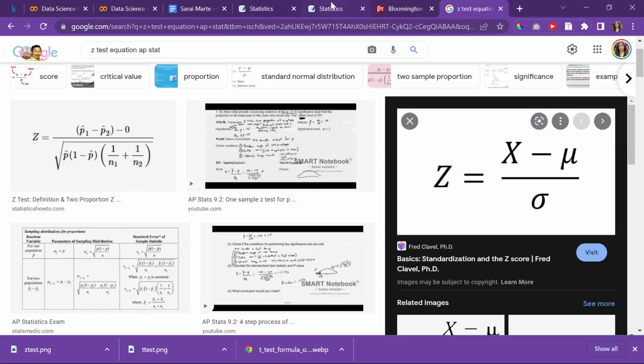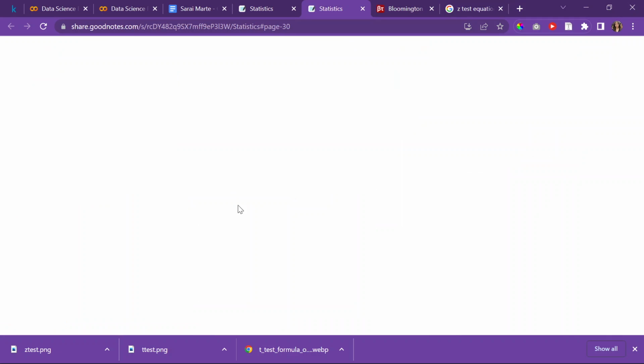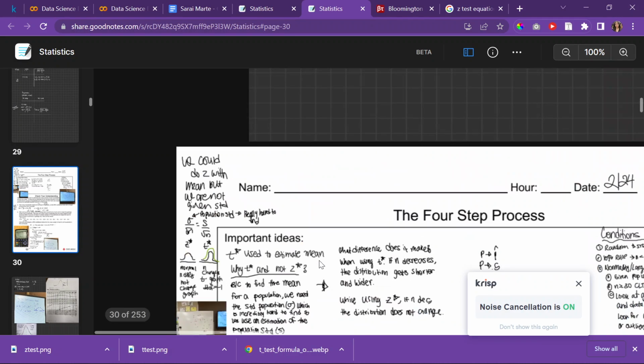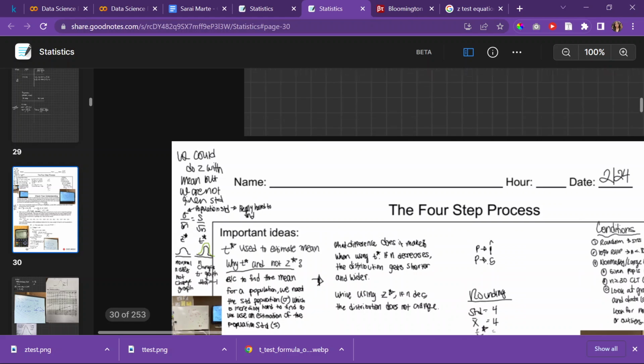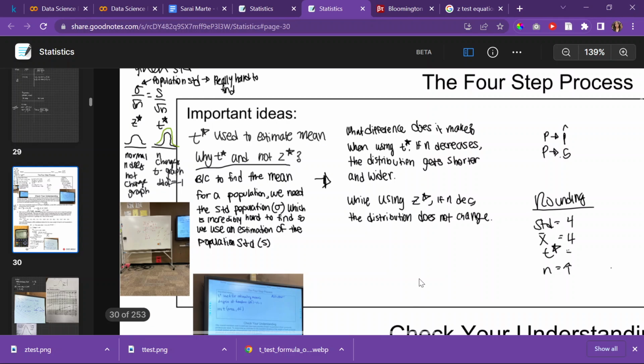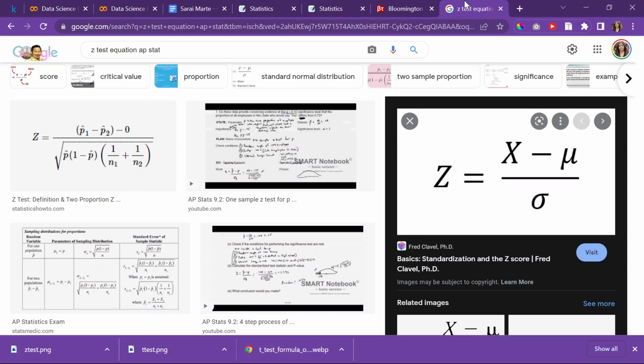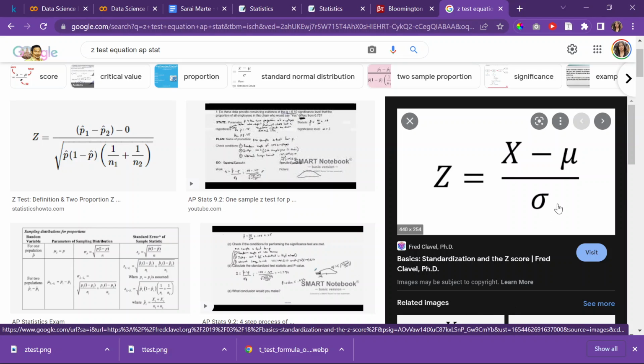Alright, so to kind of summarize, because I'm all over the place right now. If I go back to my notes, we use T star because to find the mean for a population, we need the population standard deviation, for Z. Z has a population standard deviation, but sometimes we're not given that.